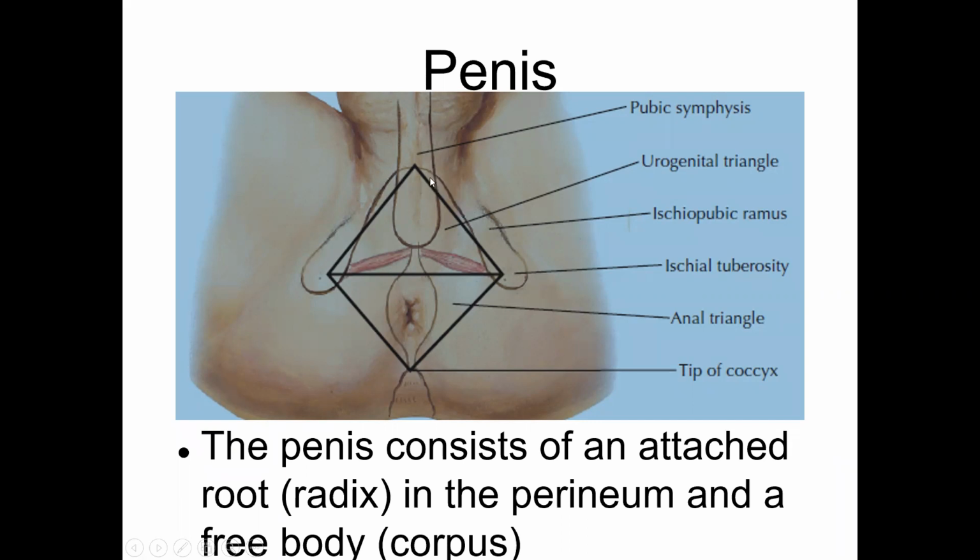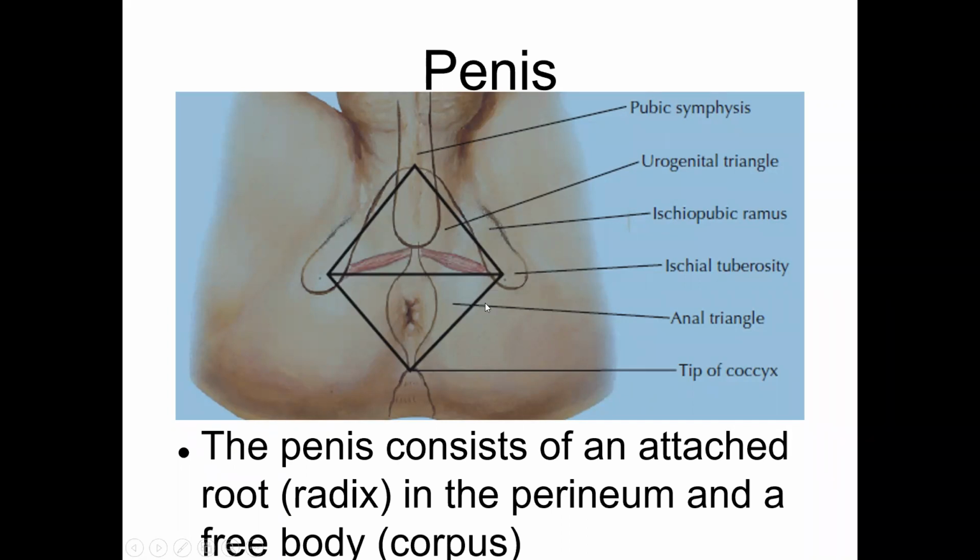The anterolateral boundaries are formed by ischiopubic ramus. Posterolateral boundary is an imaginary line joining ischial tuberosity with the tip of coccyx.